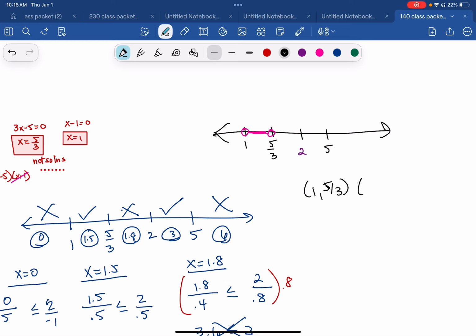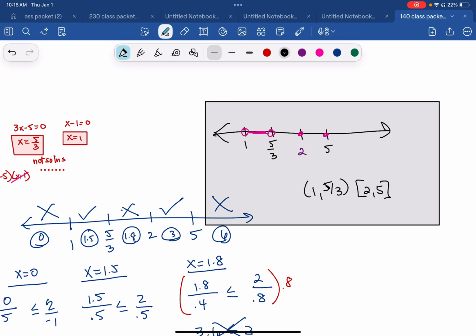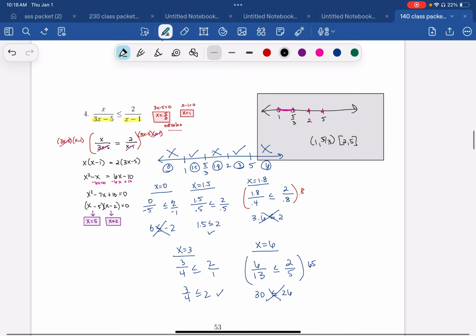And you have from 2 to 5, but you're going to include both of those. So using our square brackets on that one. And that is your final solution for number 4.